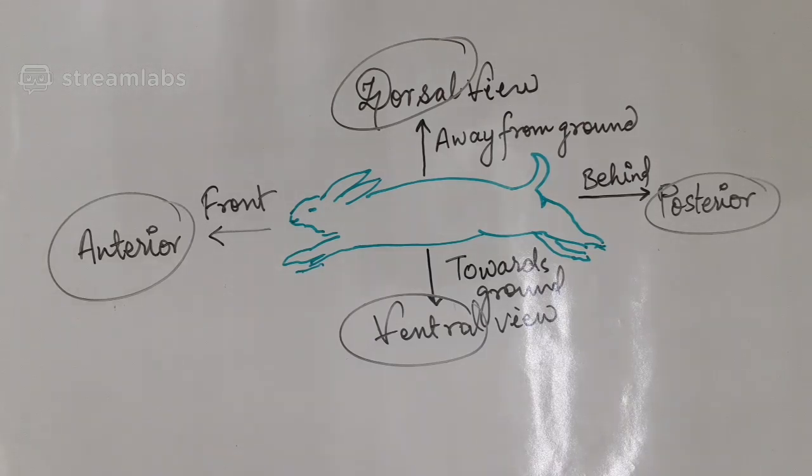You have to keep this thing in your mind to understand one main point of difference between the vertebrates and invertebrates. I hope you get it. Now I'm telling you.